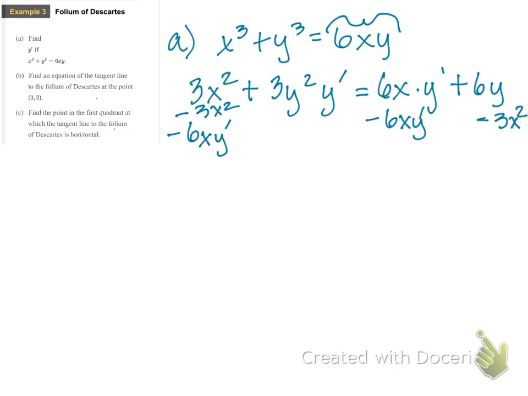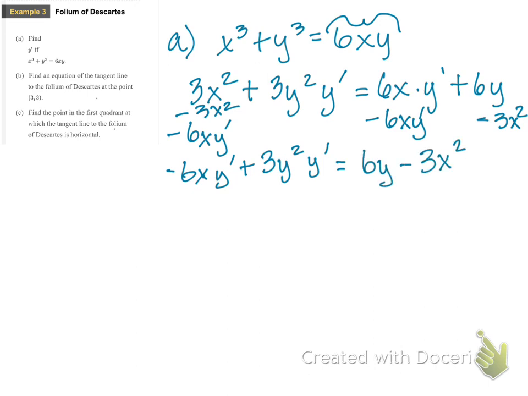And so we're going to have on the left negative 6xy prime plus 3y squared y prime equal to 6y minus 3x squared. Everybody okay with that? We're following?